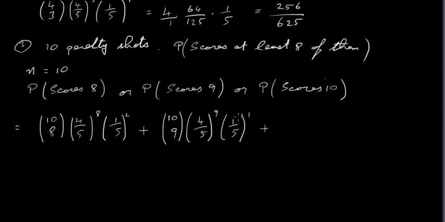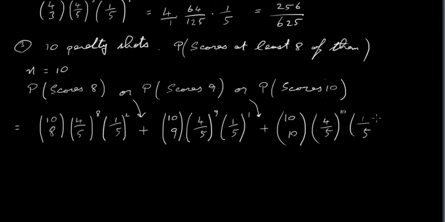Then again, or is plus. In this case he needs to score 10, so it's going to be 10 choose 10, then 4/5 to the power of 10, and then 1/5 to the power of 10 minus 10, which is 0.